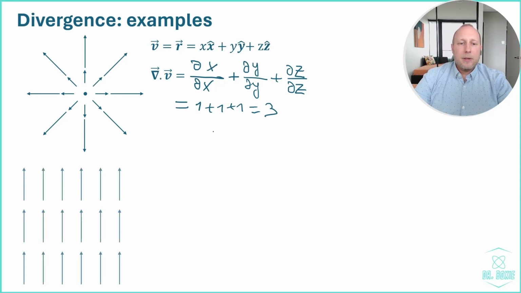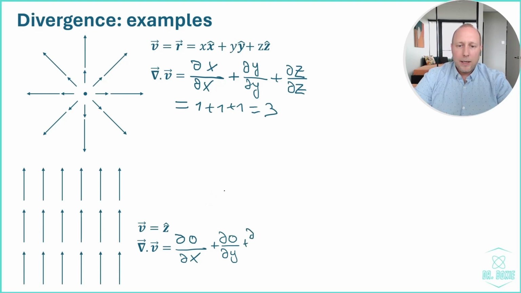The second example was this vector field, and it can be written as a vector field whose x and y components are 0 and its z component is just 1. It's 1 times z hat. What is its divergence? Well, it's the partial derivative of its x component, which is 0, with respect to x, plus its y component, which is also 0, with respect to y, plus its z component, which is 1, with respect to z.